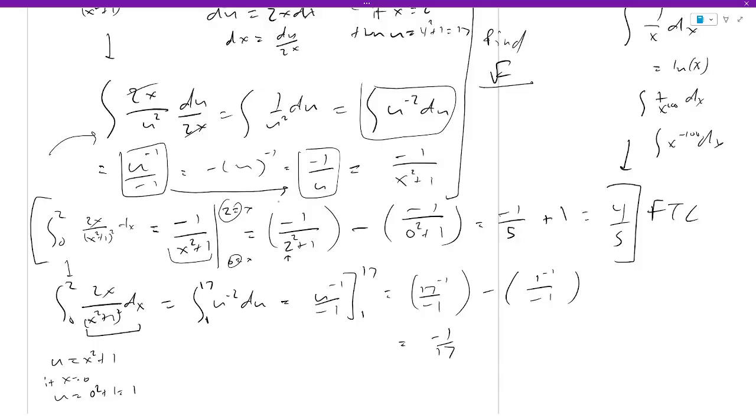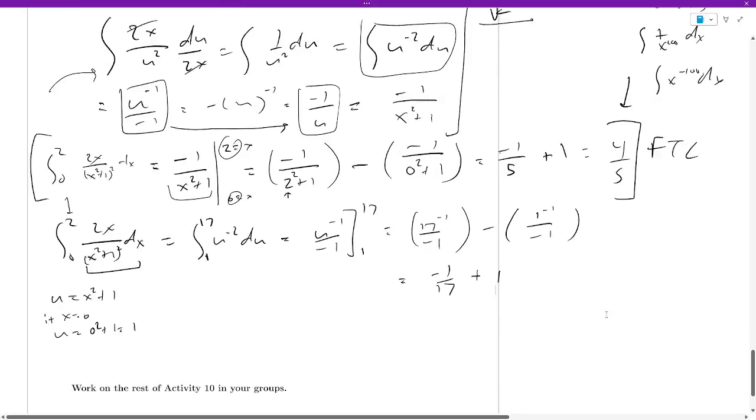It cancels with this minus sign, so we're going to have plus 1 here, because it's 1 over 1. Okay, so something happened here, because we should be getting the same 4/5 at the end. So let's back up and see if I made a mistake somewhere.